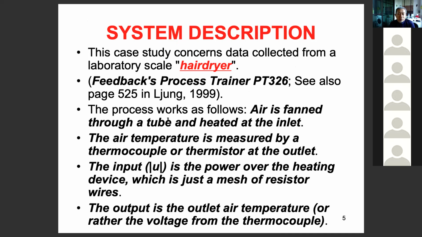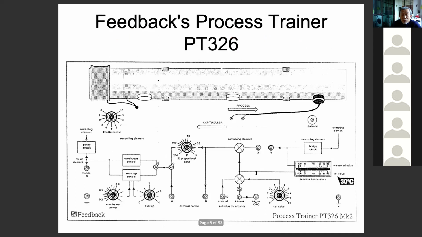The air temperature is measured by a thermocouple or thermistor at the outlet. The input data is U, which is the power over the heating device, which consists of a mesh of resistor wire. Then the output will be the voltage from the thermocouple or thermistor measurements.